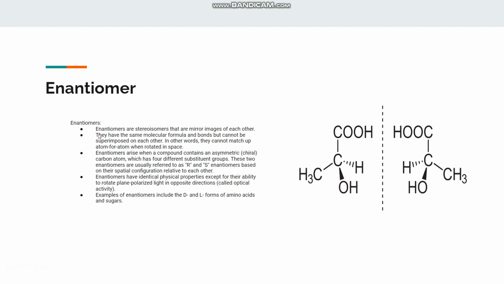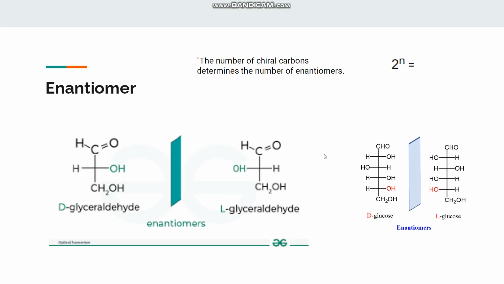So just to refresh on what this is all about, enantiomers are a type of stereoisomer, and they cannot be superimposed, and they have opposite configuration at all chiral centers. We'll look at that a little bit later. So as you see here, they have opposite configuration at all chiral centers.